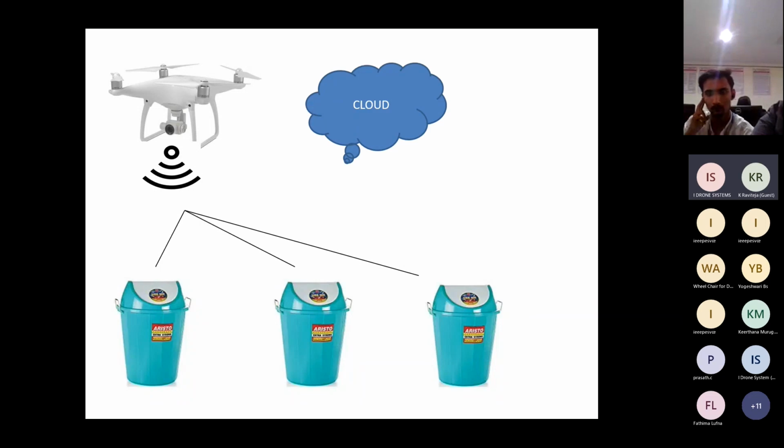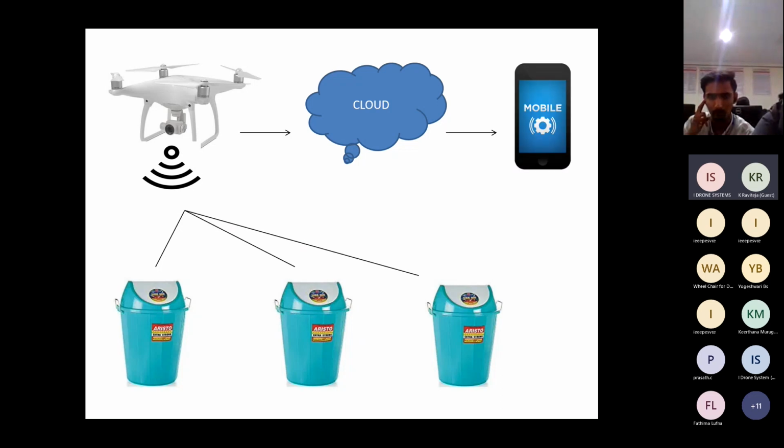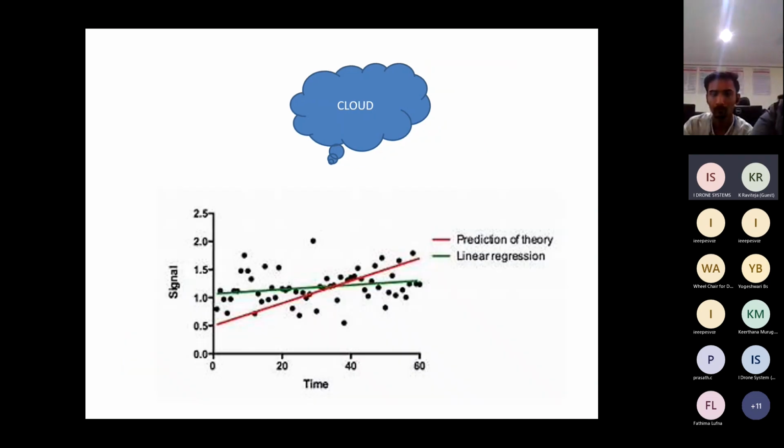After that, we'll upload this data to the cloud, and then interface it directly to our web app. By this, we can get an analysis of what is going on in the dustbins on every street. We'll set a different analysis program for every dustbin in our project.